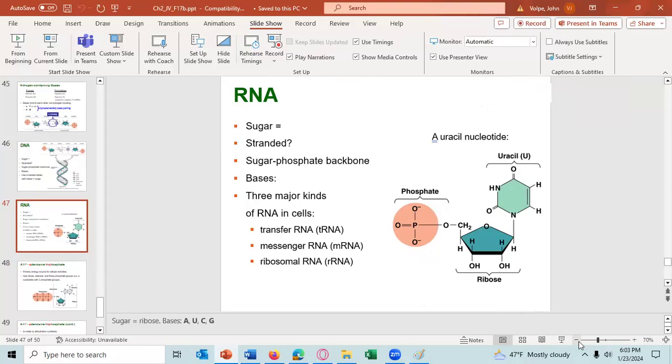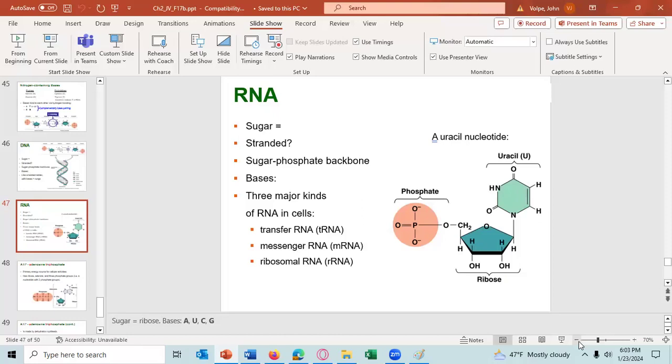Once again, it's the sugar phosphate backbone which holds the RNA together, and that backbone forms a covalent bond between one nucleotide and the other to make the single strand.